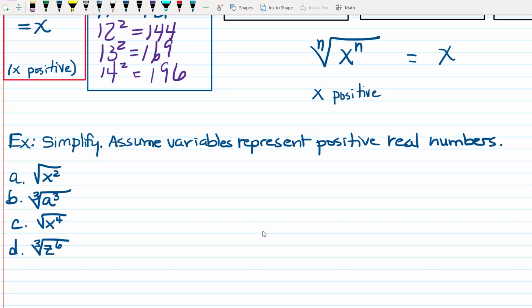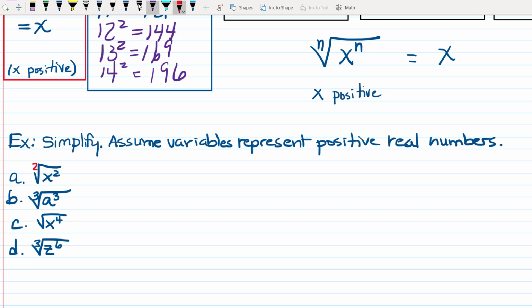So let's take a look at this example. We're asked to simplify the radicals. Assume that variables represent positive real numbers. In part A, we have x squared under the radical. It's a square root because the index is not written. We assume that it's a 2.